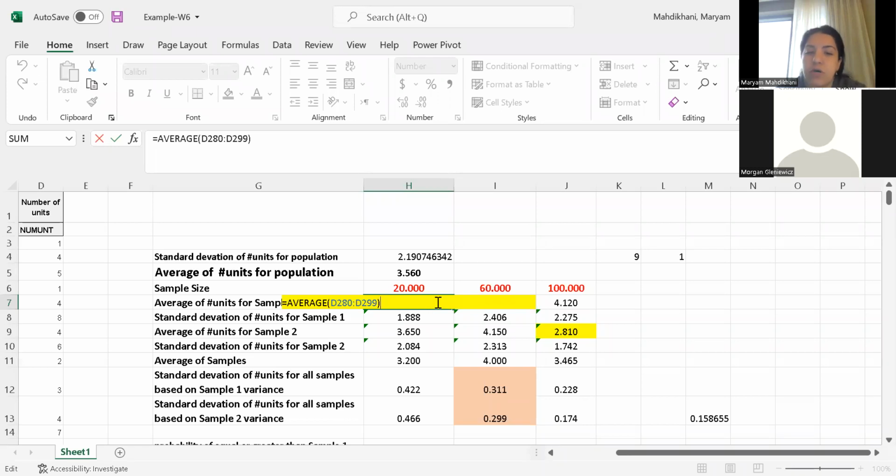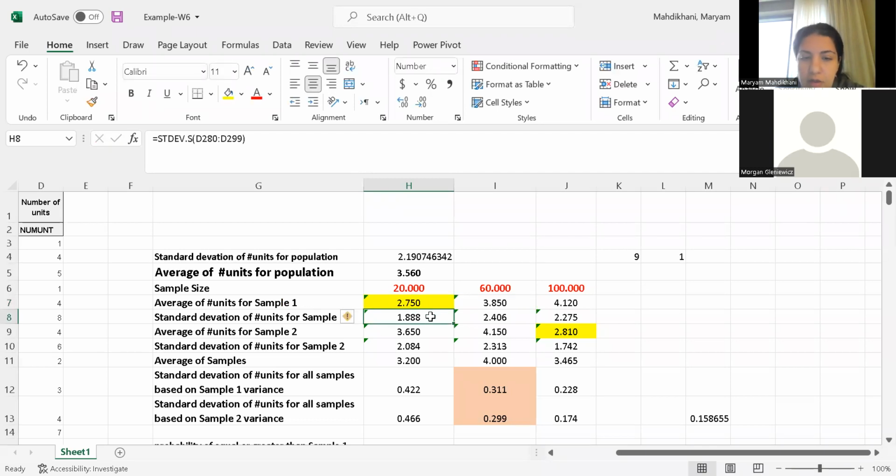It includes 280 also, so that's why I have 20 observations. I take the average for sample 1, and then also calculate the standard deviation for my first sample, D280 to D299.